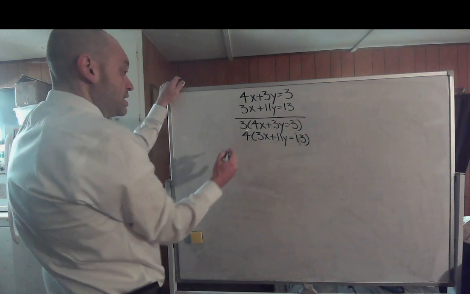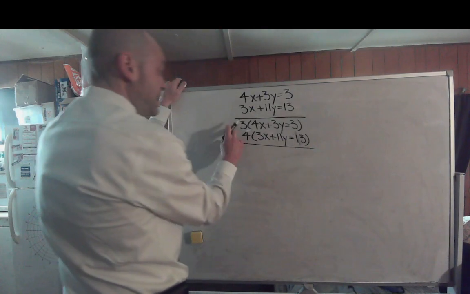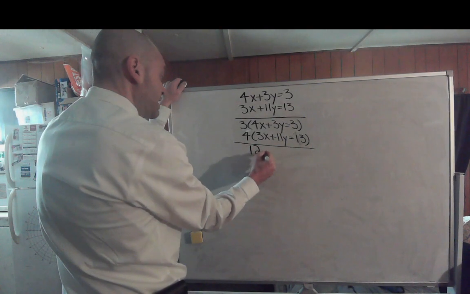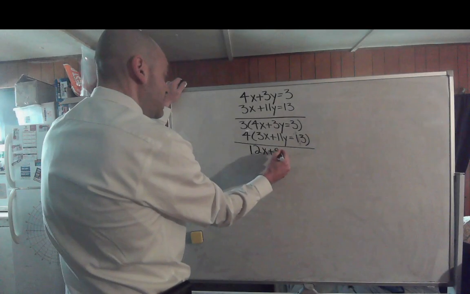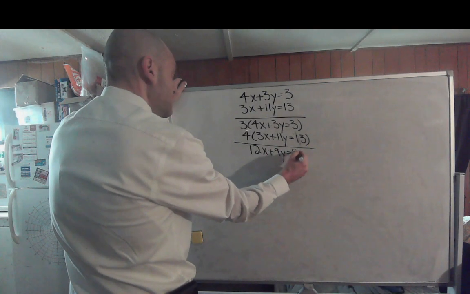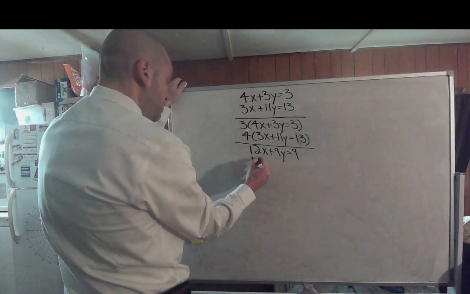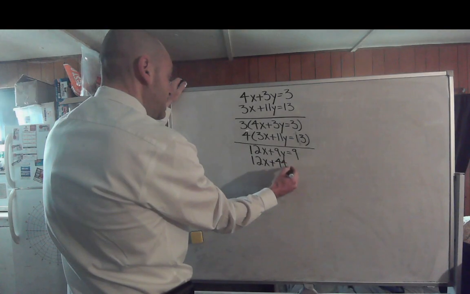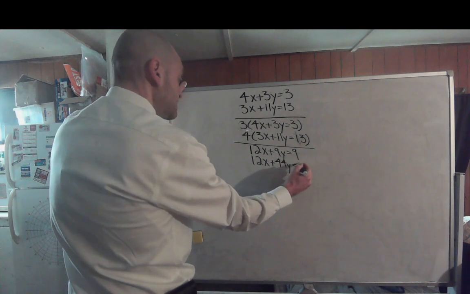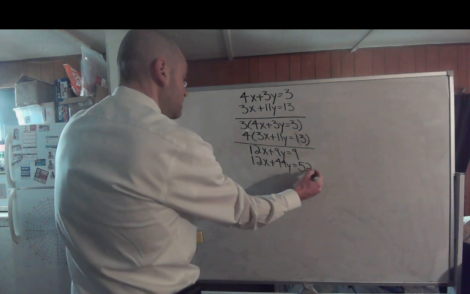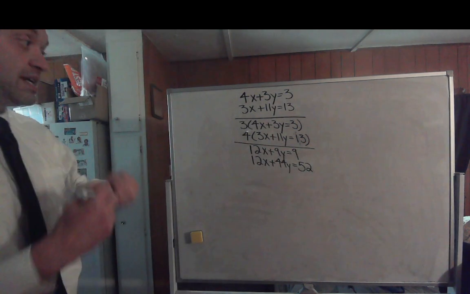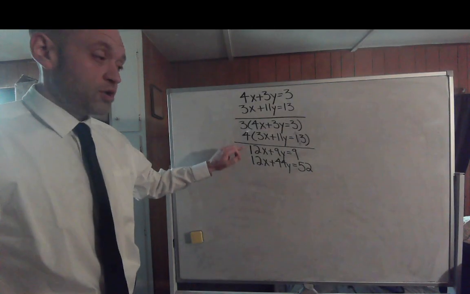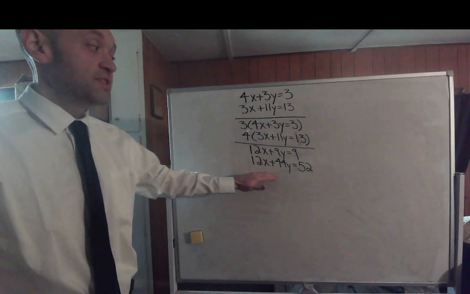Okay. So the result of that's going to end up being 12x plus 9y equals 9. And then 12x plus 44y is equal to 52. As you see, x in both of these equations now have the same coefficient.